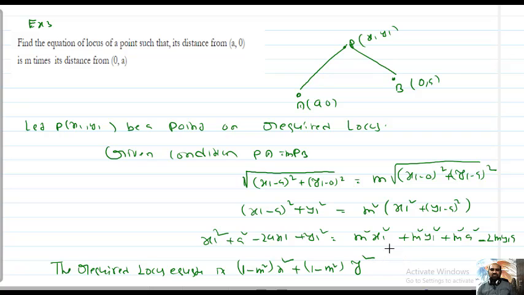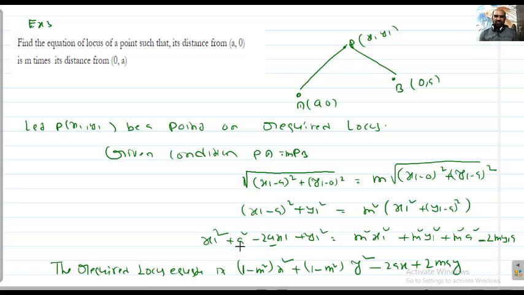Okay, so here only one x term, minus 2ax. Next, here one y term, this becomes 2may. Remaining terms: a square is there, here m square a square, so I can write (1 minus m square) a square equal to 0. This is the required locus equation.